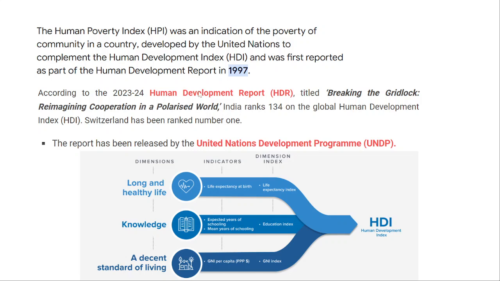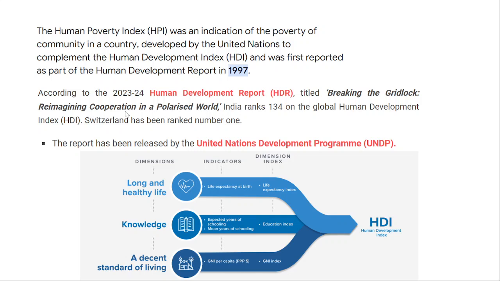According to the 2023-24 Human Development Report, titled Breaking the Gridlock: Reimagining Cooperation in a Polarized World. This is important because it is the latest. Because today in the world, on one hand you have Russia, China, on the other you have the US.